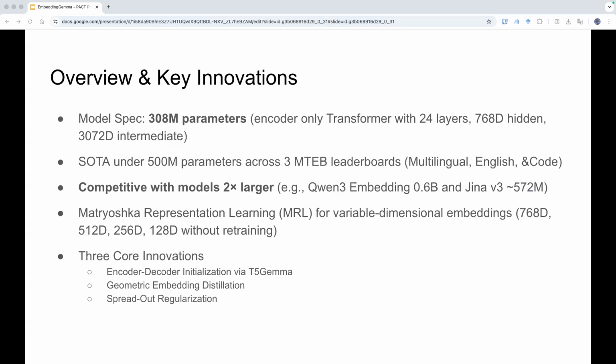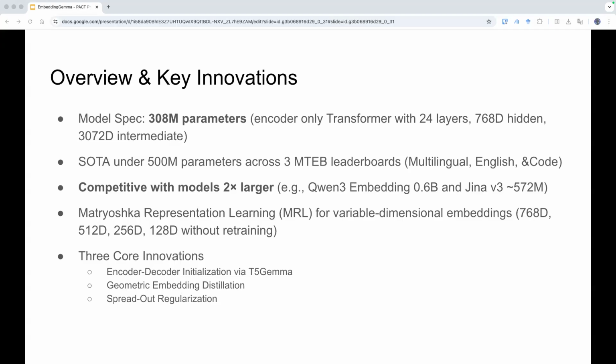This is based on a 308 million parameter encoder-only transformer. I'll get into the overview and architecture later, but at a high level it's 24 layers and 768 output embedding dimensions, with an intermediate size of about 3000.